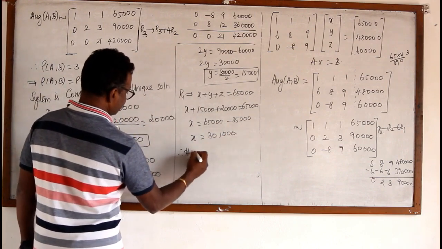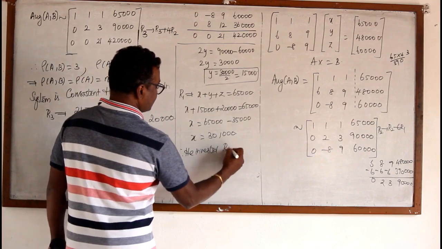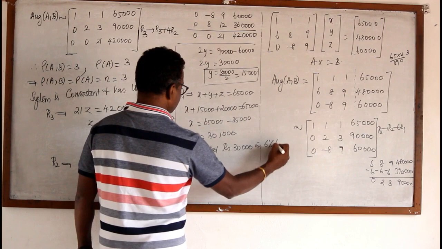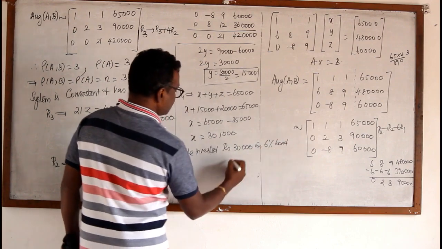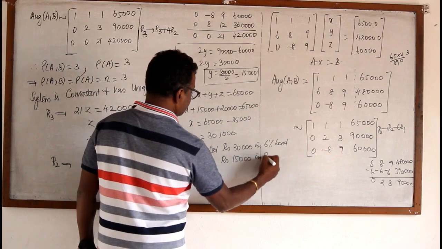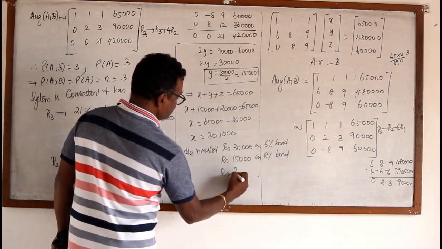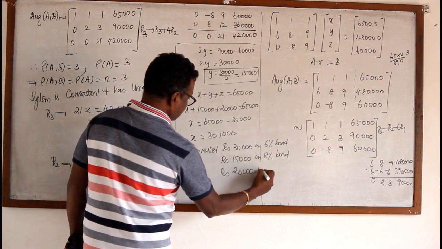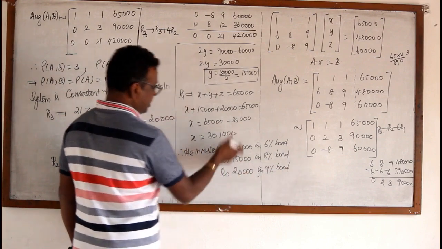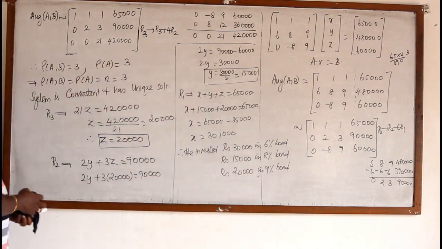Therefore, he invested rupees 30,000 in 6% bond, rupees 15,000 in 8% bond and rupees 20,000 in 9% bond. So altogether he has invested 65,000. So this is how we can do this problem.